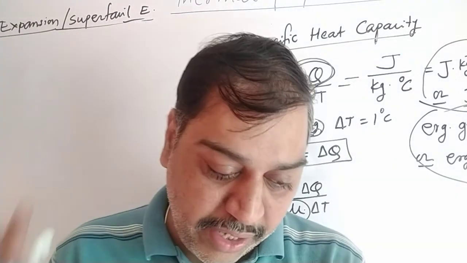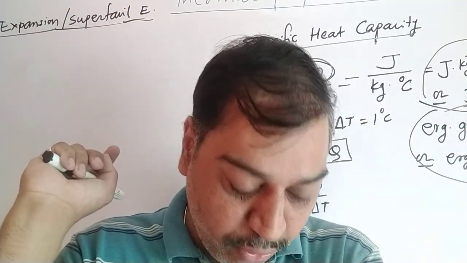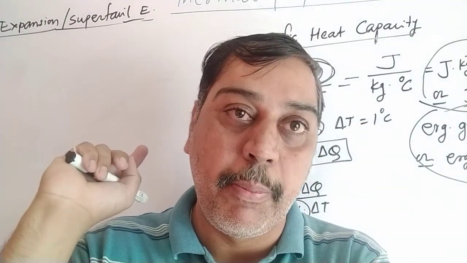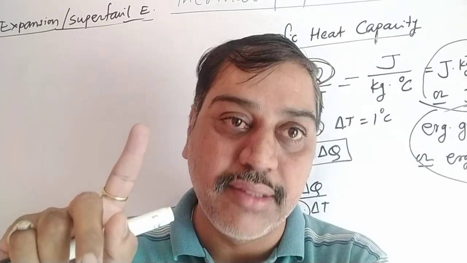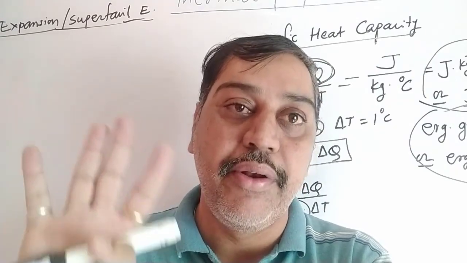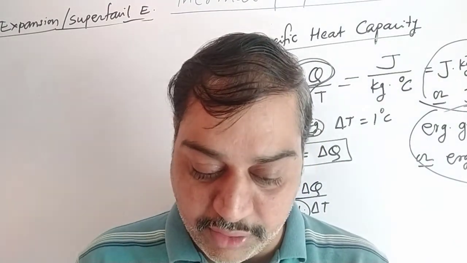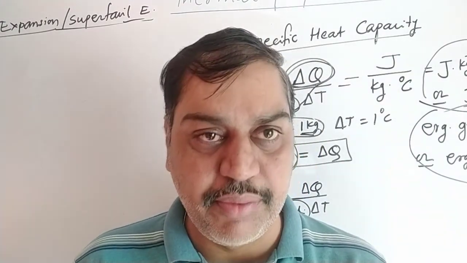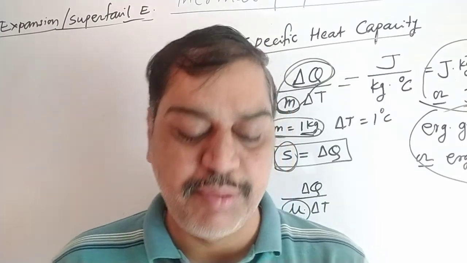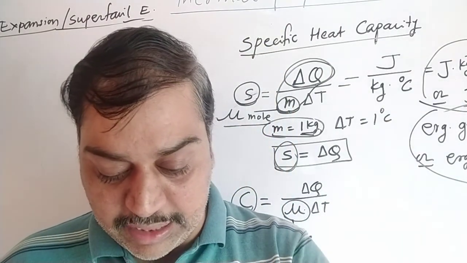So only the modification is there: per unit kg of mass, instead of that, per mole of mass in the other definition. That we'll see further, where they have mentioned different types of specific heat, in detail in that topic.